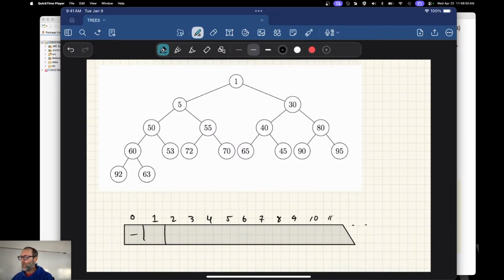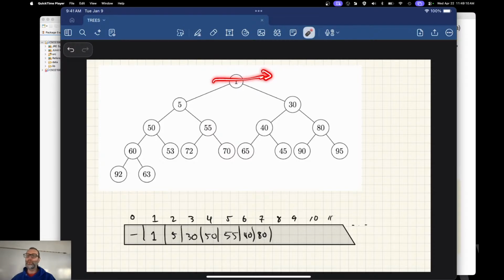Right? What I'm going to do is store the node at index 1. Then I'm going to go 5 and 30. Then I'm going to go 50 and 55 and 40 and 80. Basically, I'm writing it down in what order? The first level, left to right.